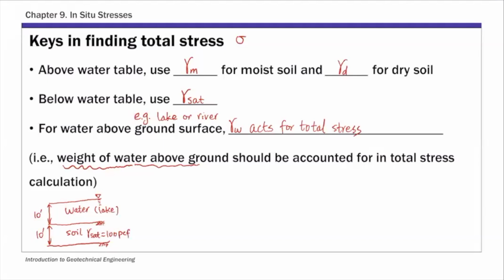Okay. And then your total stress, sigma. So at the bottom of the lake, you have a stress value there as well. So that value is gamma water times the depth of this lake. So gamma water, so use pounds per square foot.